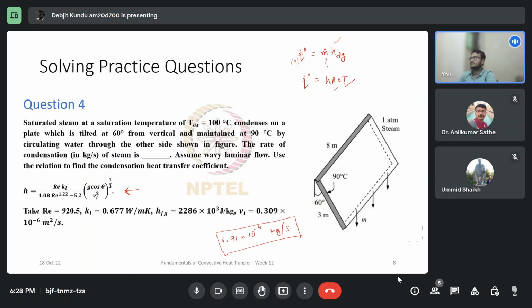H has to be found using this relationship, which is given. From here we will find Q, and then after plugging Q into this equation we will finally find this m dot. So let's get into it.